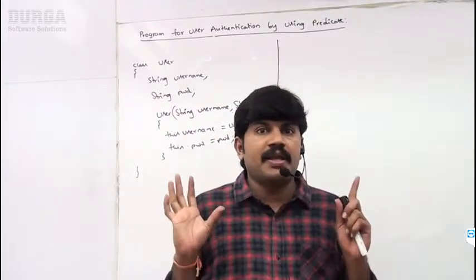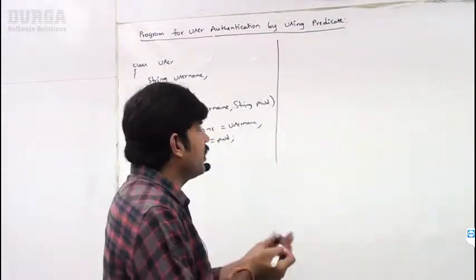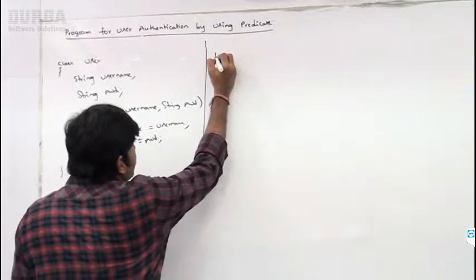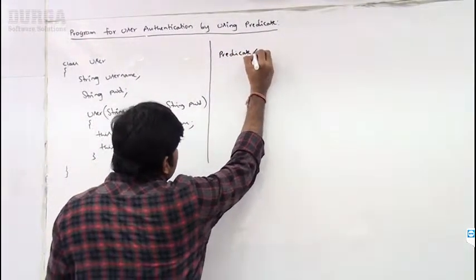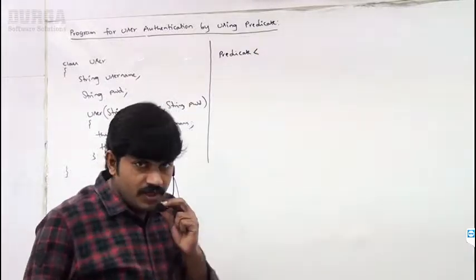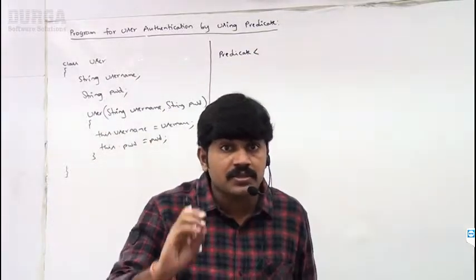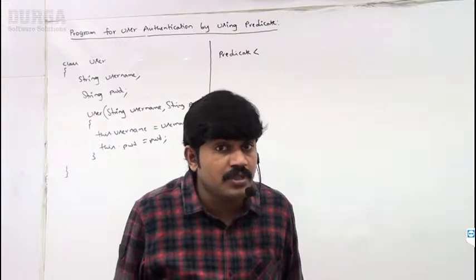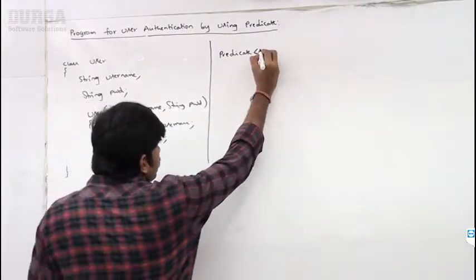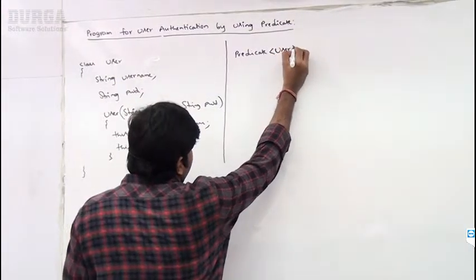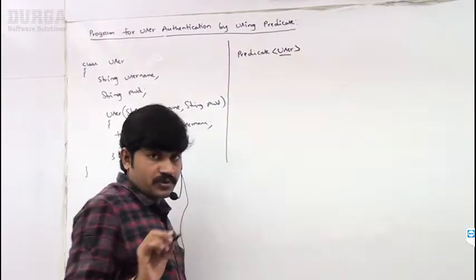An authentication predicate, I want to do that. Observe carefully. This predicate will take User as the argument type. What is the input type? User object is the argument type. That's why this is a predicate which can accept input type as User.